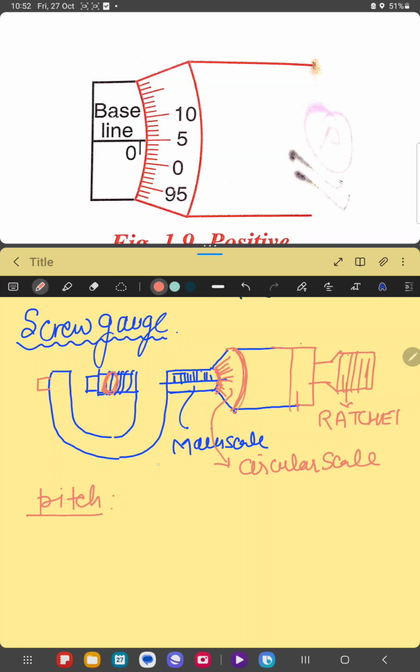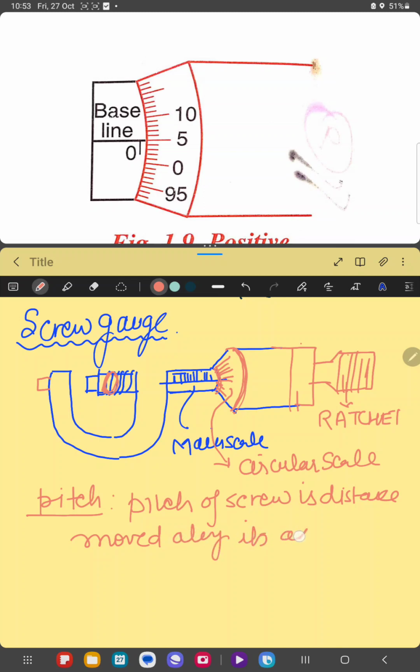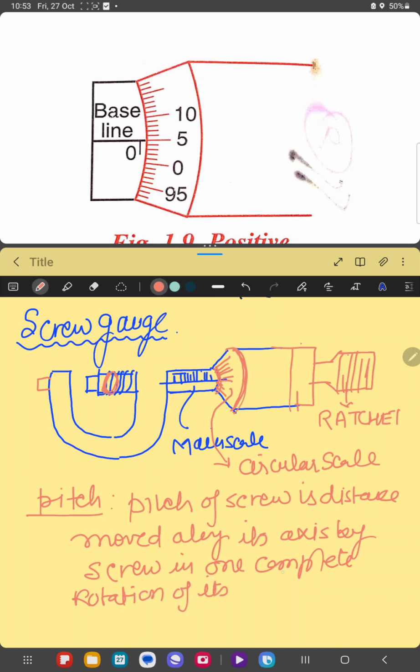The pitch of a screw is the distance moved along its axis by the screw in one complete rotation of its head.